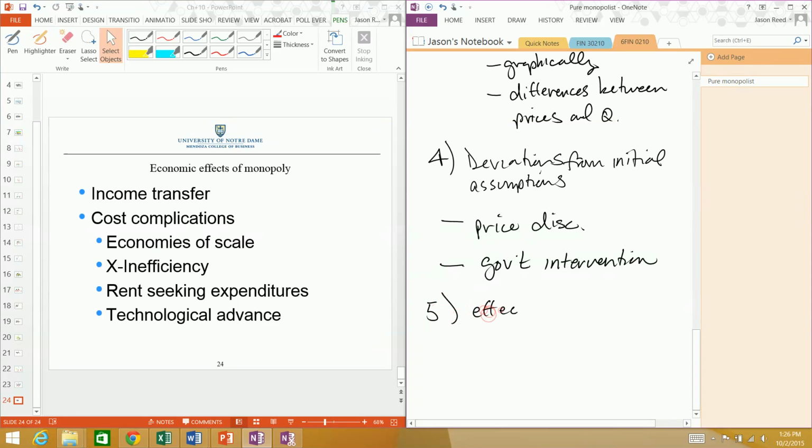So what are some of the effects that we see? We talk not only about income transfers, about cost complications, but essentially we're able to roll back and look at some of the deadweight loss that occurs. And I think these are the most important elements of this chapter.